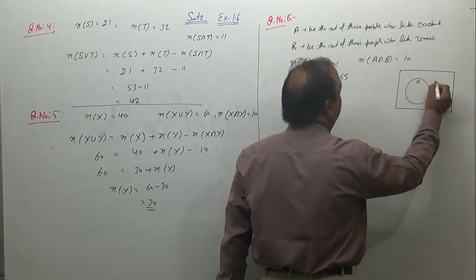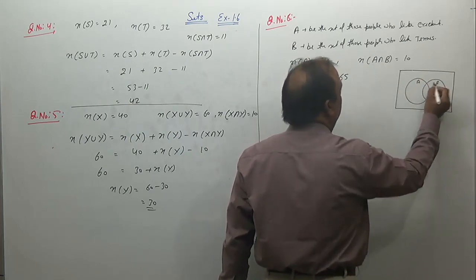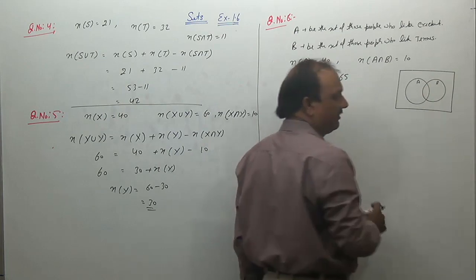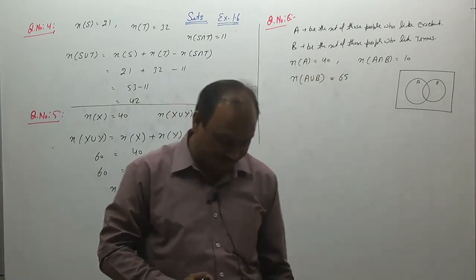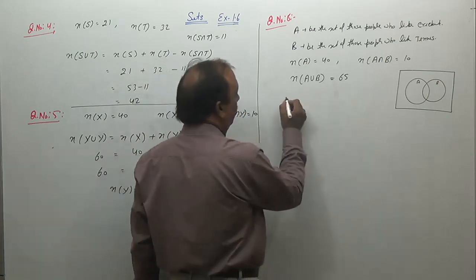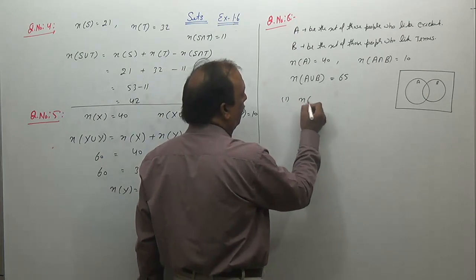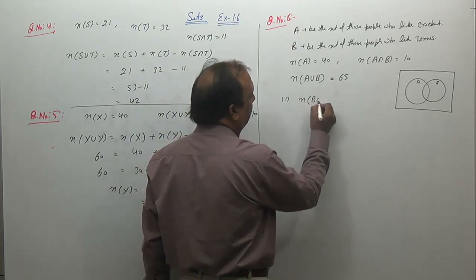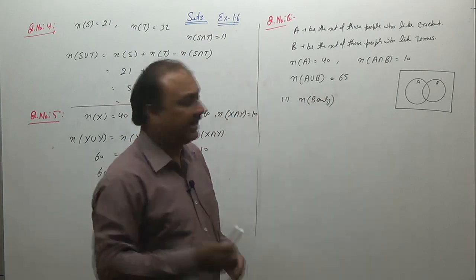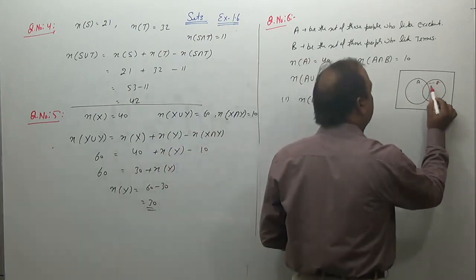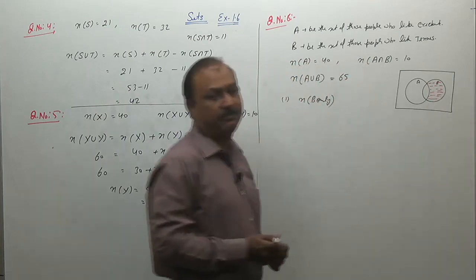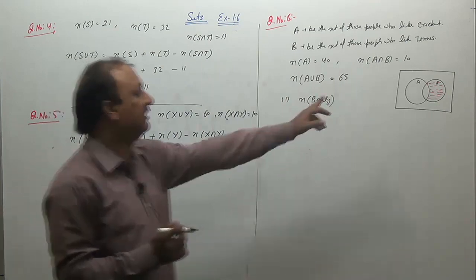This one is set A and this one is set B. In this set all those people like cricket, and in this set all those people like tennis. But the question is how many like tennis only? So first is the number of elements, we can say B only. How many like tennis only means we have to find out how many members, how many elements, how many people are here. Like tennis only means this one, which does not come in the other set.